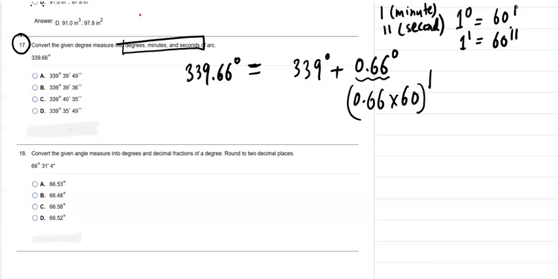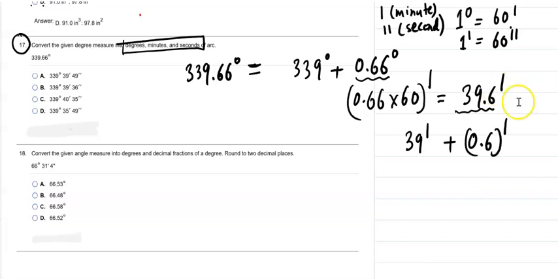So you change 0.66 degrees to minutes by multiplying by 60, and you get 39.6 minutes. Okay, 39.6 minutes, and you can split that into 39 minutes plus 0.6 minutes, like I did for degrees, into whole minutes and fraction minutes.